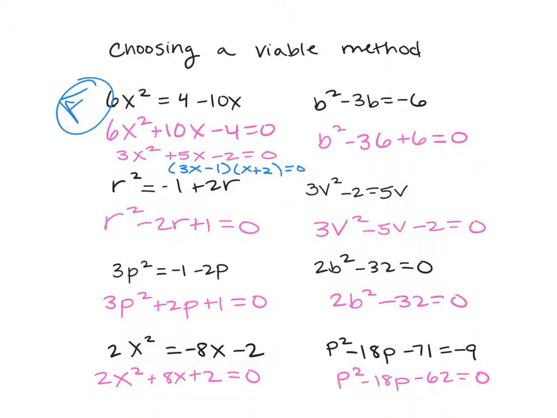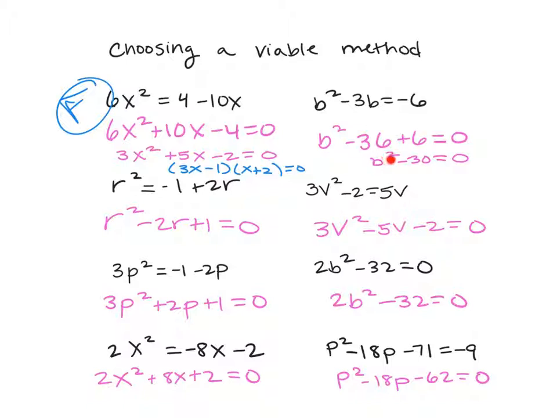Now, the second one that I'm looking at, we have b squared minus 36 plus 6, which is b squared minus 30 equals 0. And I think that this one is a very good candidate for solving by square rooting because we don't have a b term right here. We don't have something that says plus 3b or plus 5b or minus 6b.